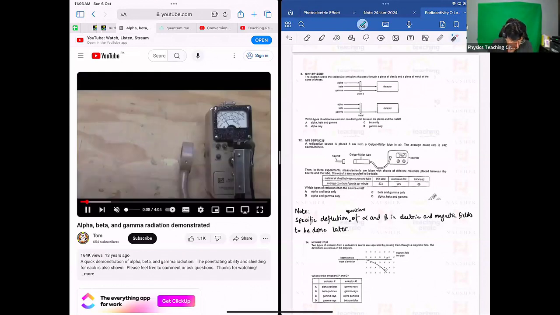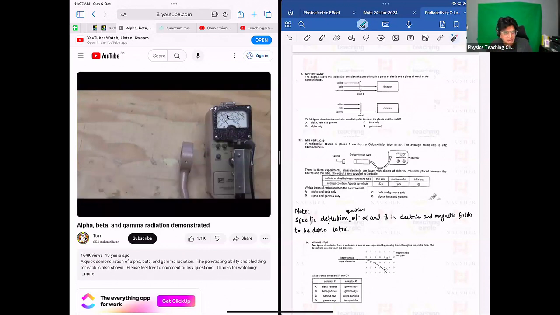So over here we have a detector which is connected to a counter. All right, and I want you to make some observations from this and see if it makes sense to you.